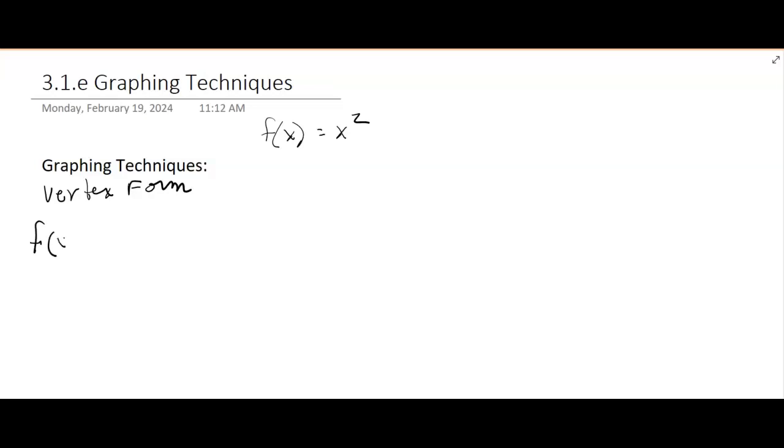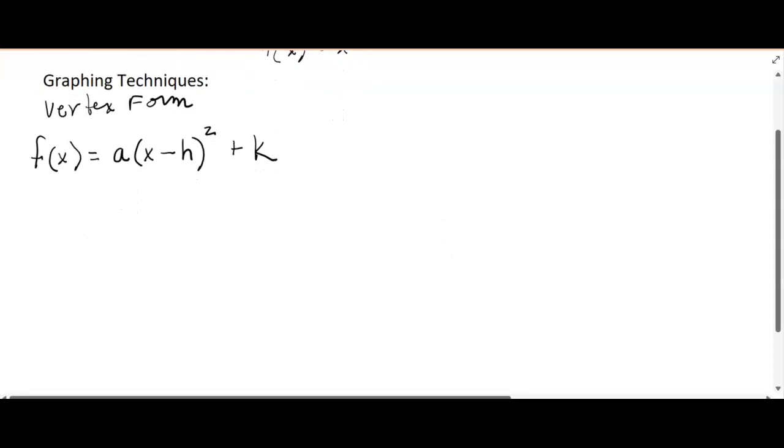It just depends on the book. But you have f of x, and we're going to write it like this: a times (x minus h) squared plus k. This is a great form for graphing because it tells you all about the transformations like we learned in chapter 2.